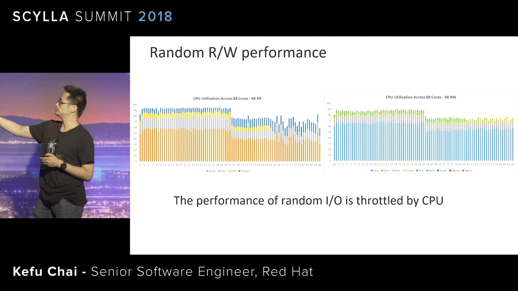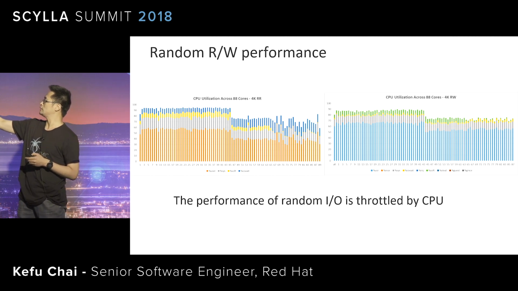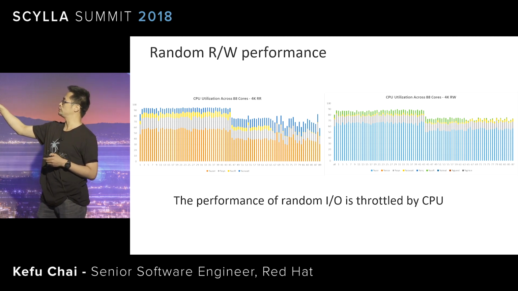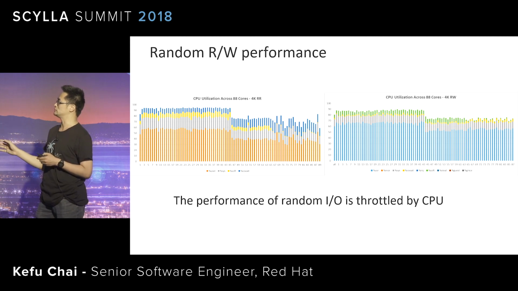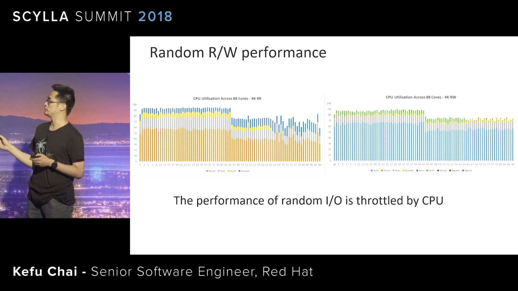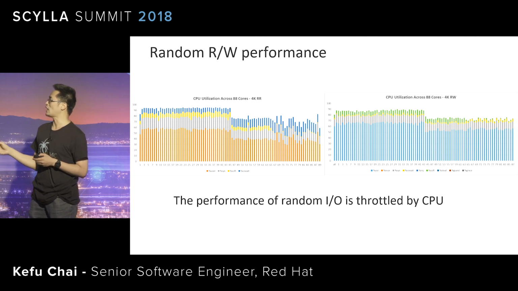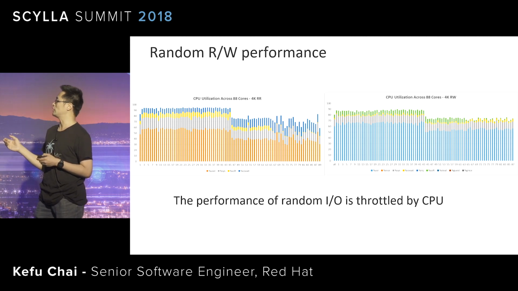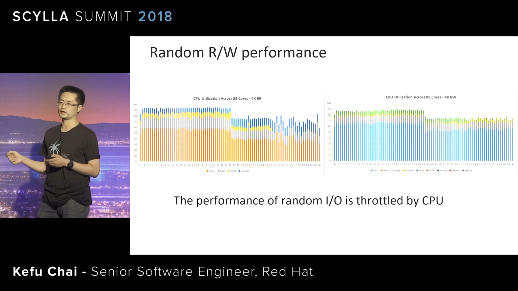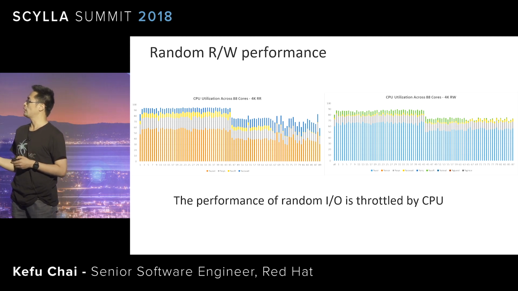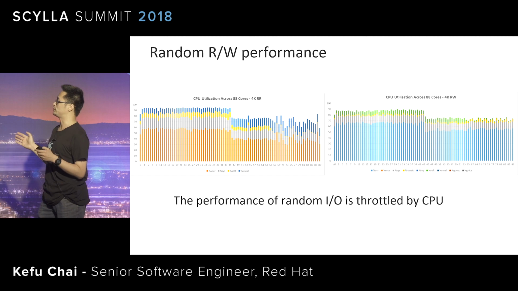According to mpstat, the CPU utilization is not balanced. Half of the cores are saturated with I/O and computation tasks, and half of them are less utilized. So there's a lot of room we can improve in this area. Ideally, all of them should be at 100% utilization.